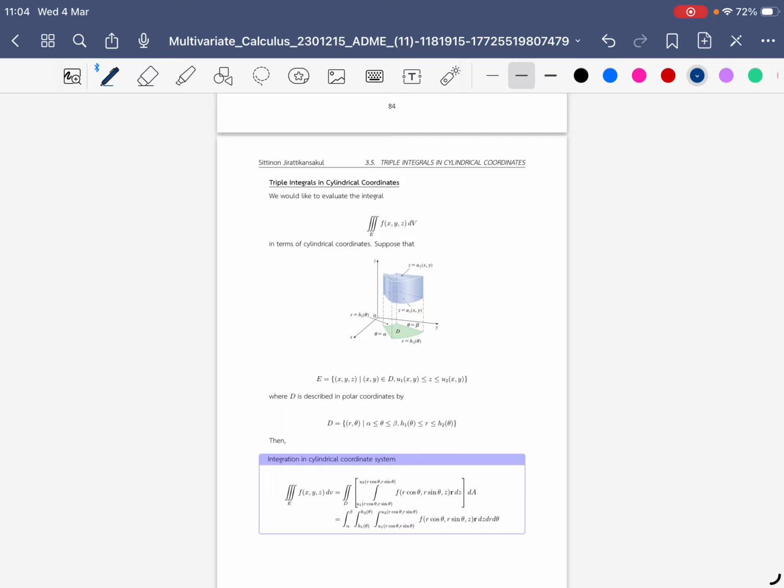So suppose that we have the solid E. It looks like this chunk. You are going to first determine the possible z values, which will go from the lower surface to the upper surface.